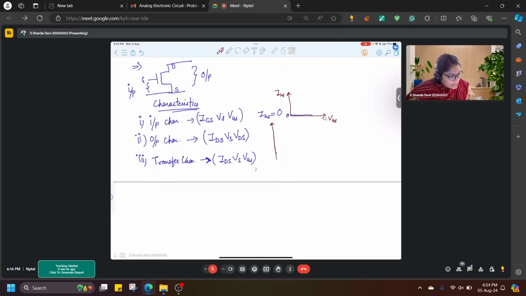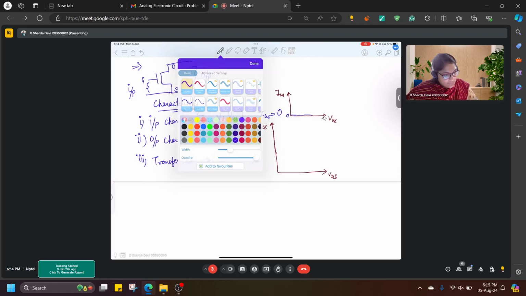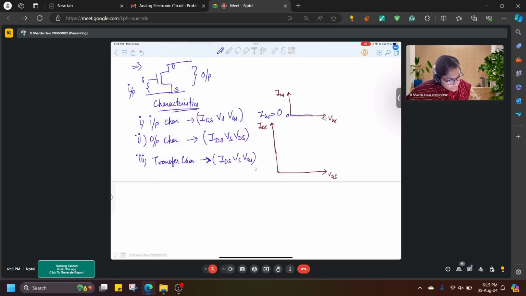So in output characteristics, we have IDS and VDS. So how your output current changes with your output voltage. So how it changes, if we draw, so what happens?